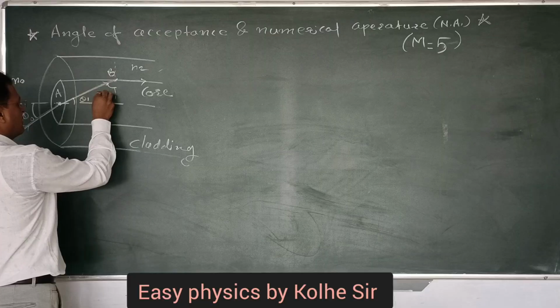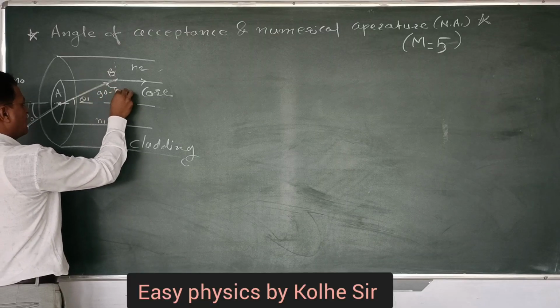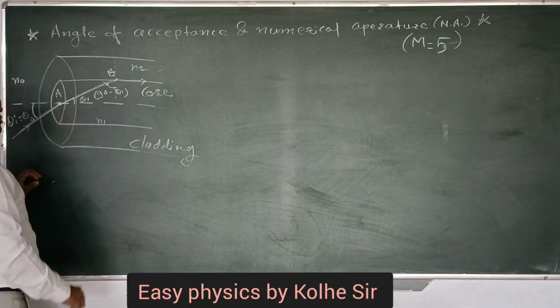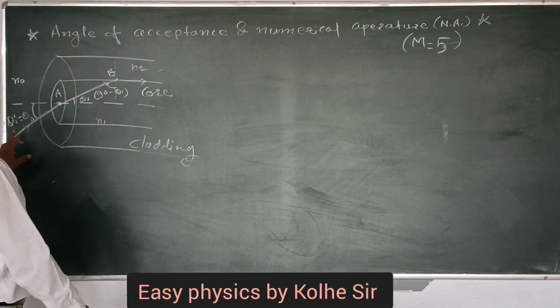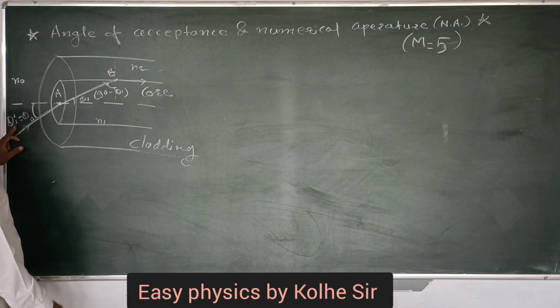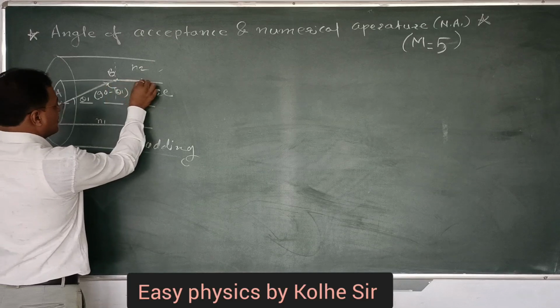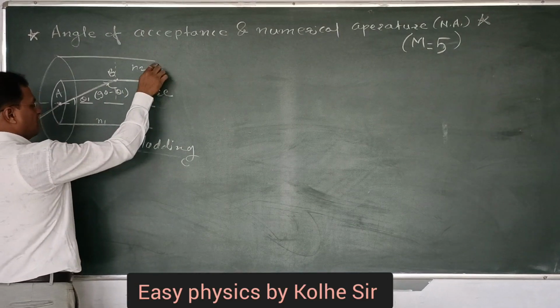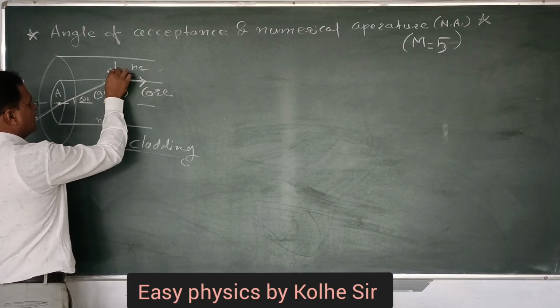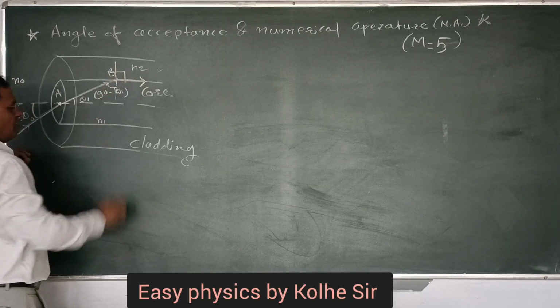This angle is 90 minus theta 1. According to our previous discussion, this is the angle of acceptance. That time refracted light between the core and cladding interface is 90 degree.